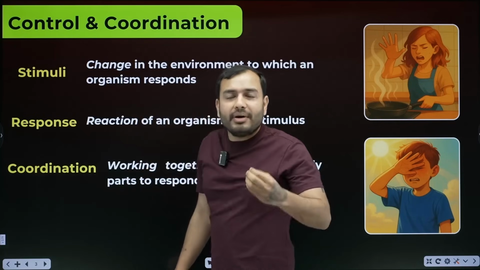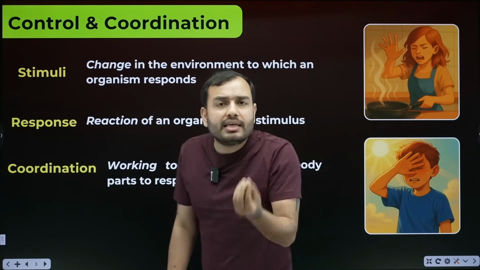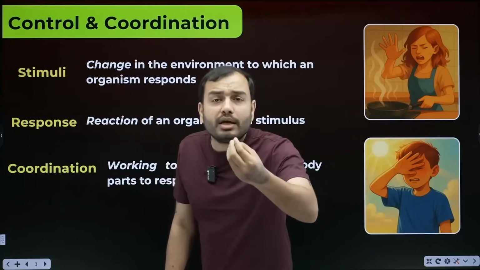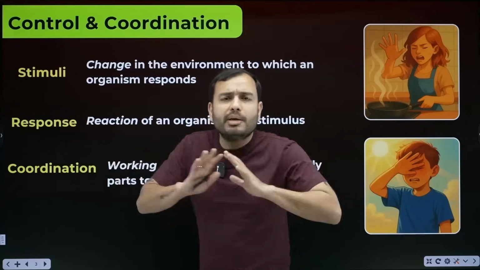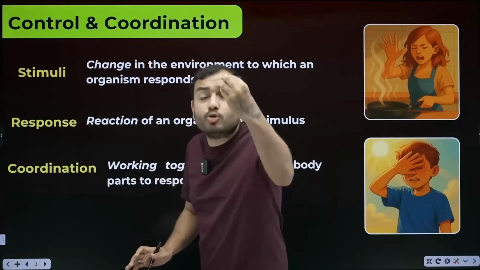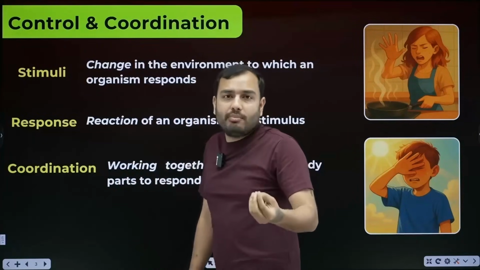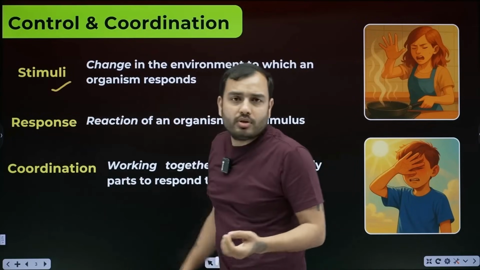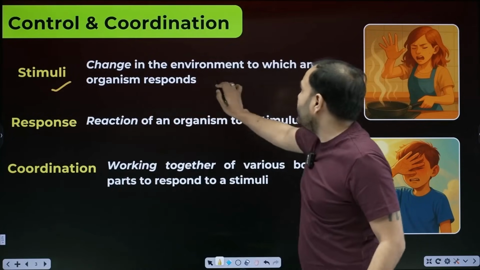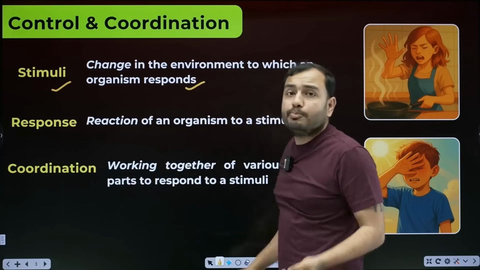This sudden sunlight is a change in your environment. In the room it was completely dark, and as soon as you went outside, the sun hit. This change in the environment, we call stimuli: a change in the environment to which an organism responds.